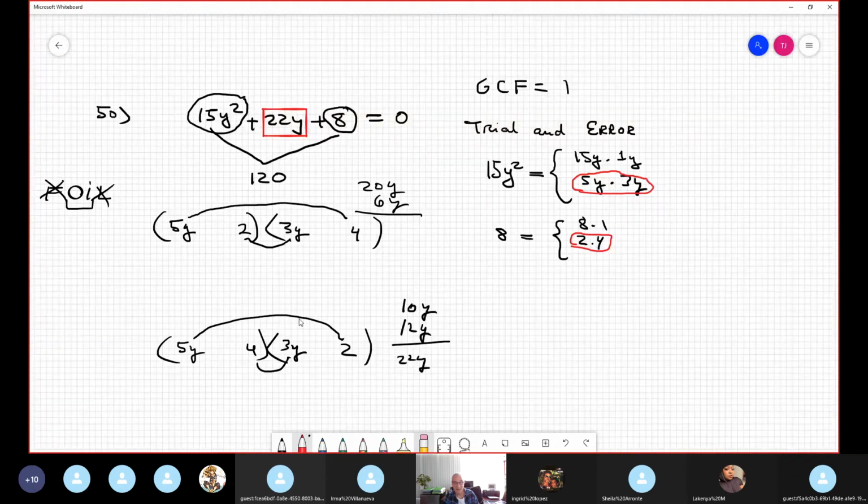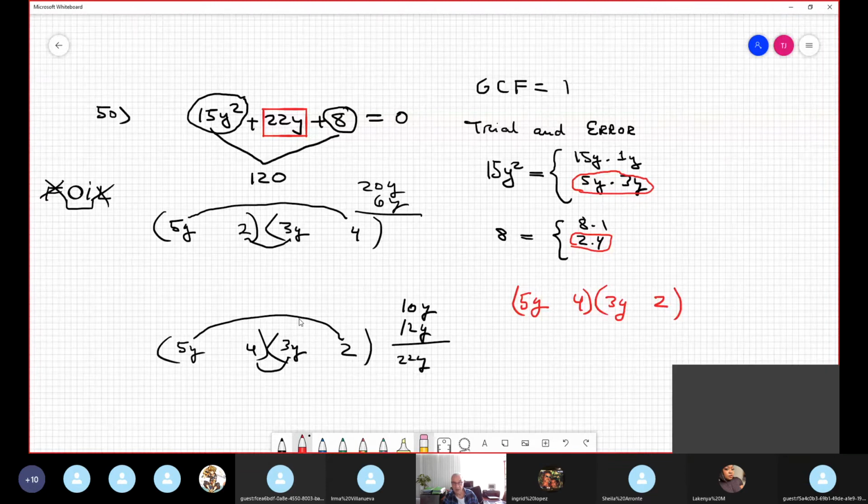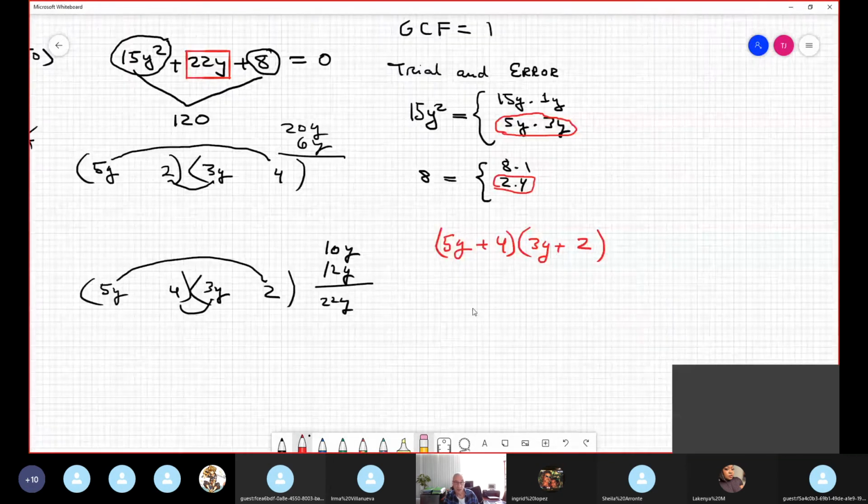And what about the sign? Let me copy again. So the combination, hypothetical, is 5y, 3y, 4 and 2. Now adjust the sign. The sign is positive, of course. Everything is positive. Just in case, to make sure everything is okay, you apply negative.